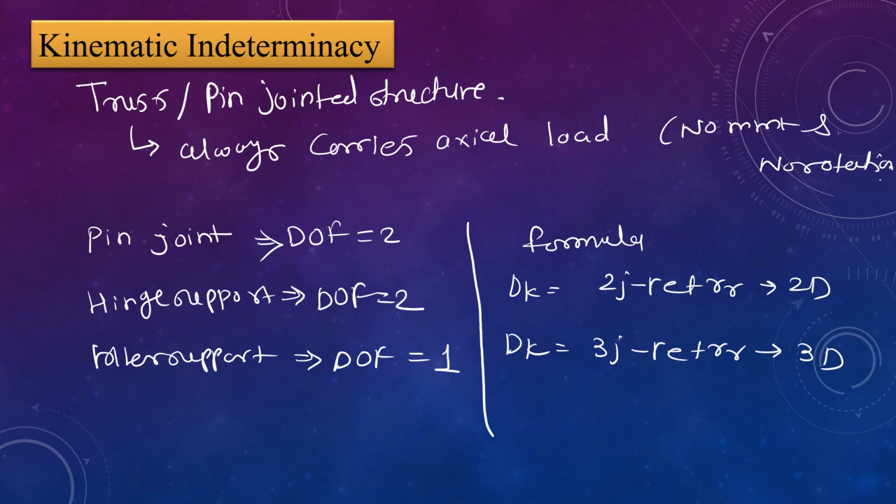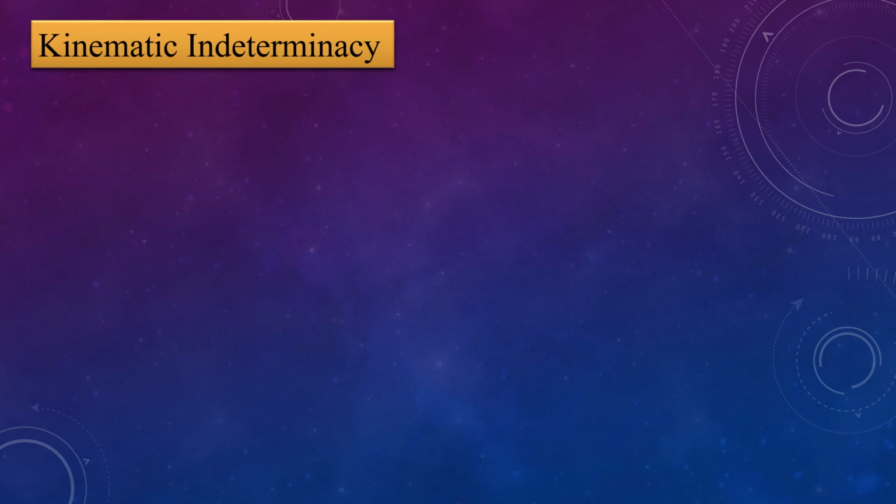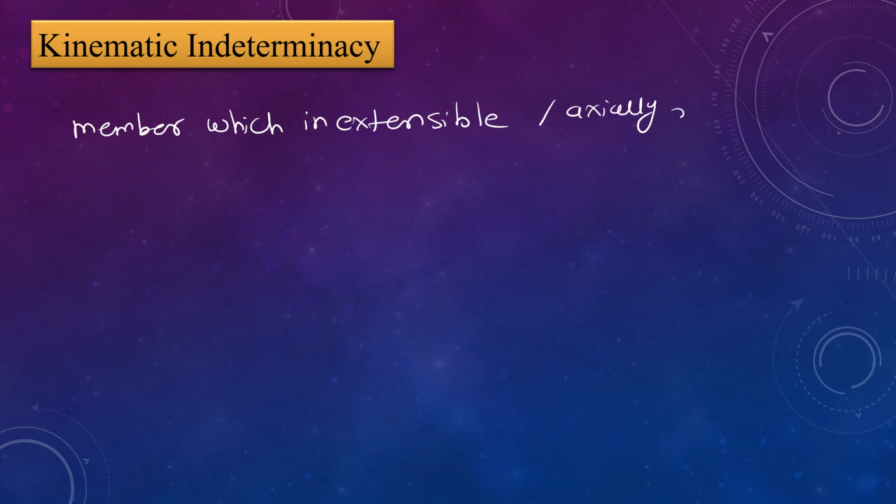Then there is one special case, when members are inextensible or axially rigid. We'll see that condition too. Kinematic indeterminacy for the members which are inextensible. Inextensible means what?